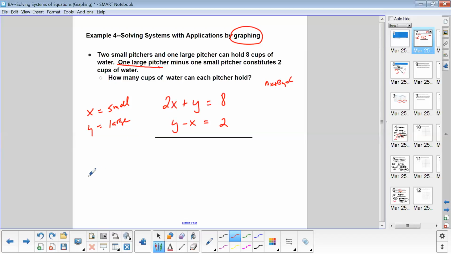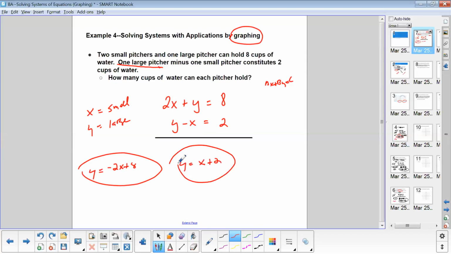So this top equation, I'm going to subtract the 2x term, so I get negative 2x plus 8. So there's one equation. And then here I'm just going to add the x over. So I get x plus 2. So there's my 2 equations: negative 2x plus 8 and x plus 2.